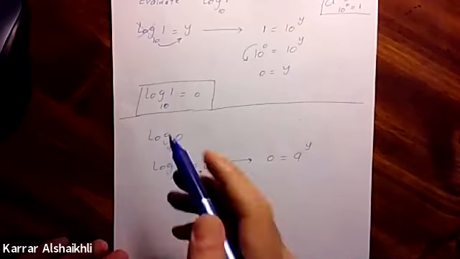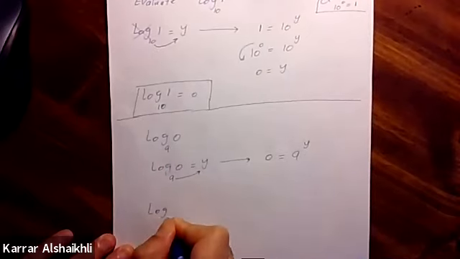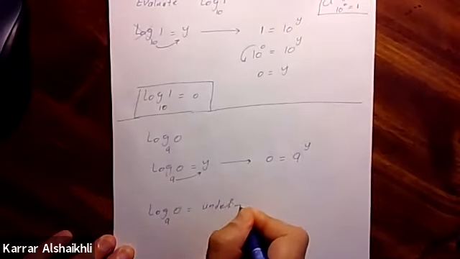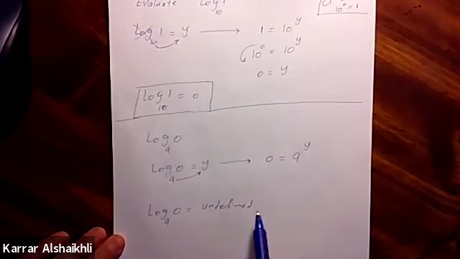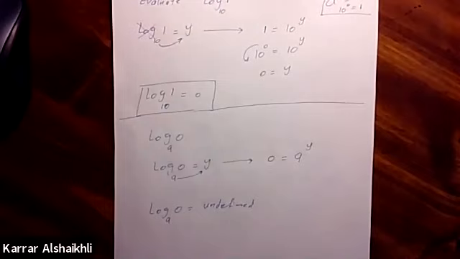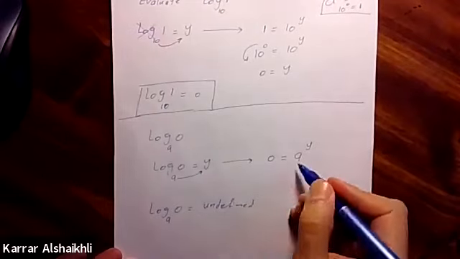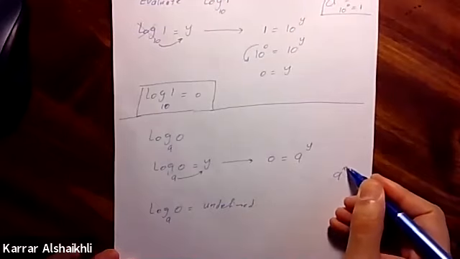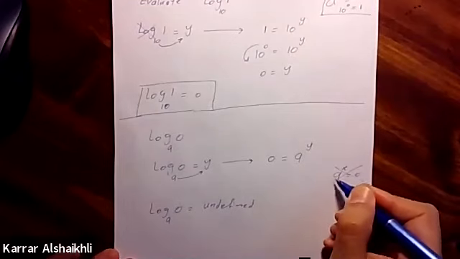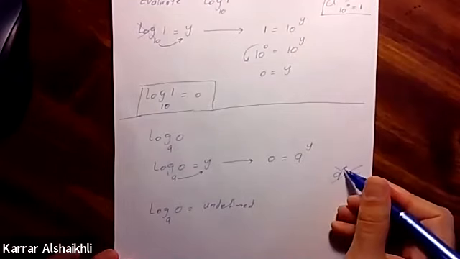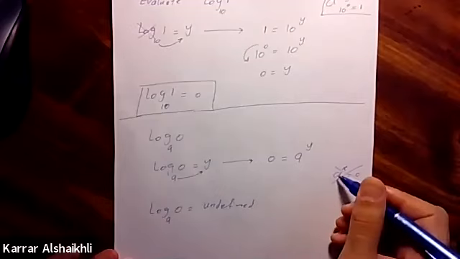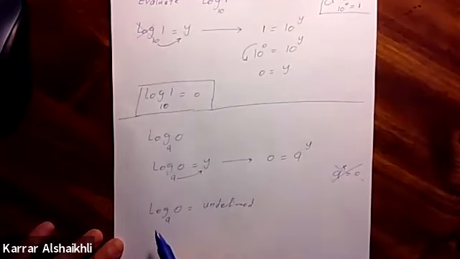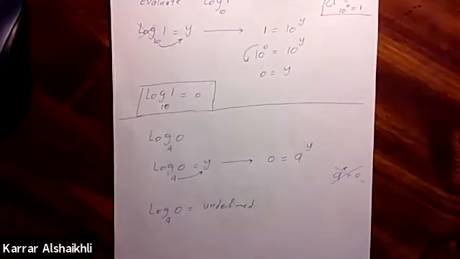That's why log to the base 9 of 0 is going to be undefined, even if you're using the calculator, because there is no number with base 9 and any exponent that equals 0. 9 to the exponent 0 is going to be 1, not 0. 9 to the exponent 1 is going to be 9. 9 to the exponent 2 is going to be 81. So there is no number you're going to plug in here to get 0. That's why you can't move on. So log to the base 9 of 0 is going to be undefined.